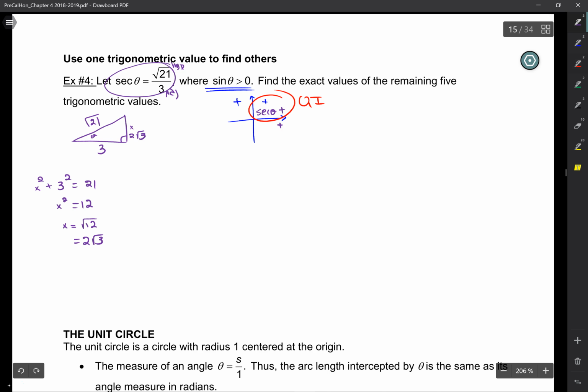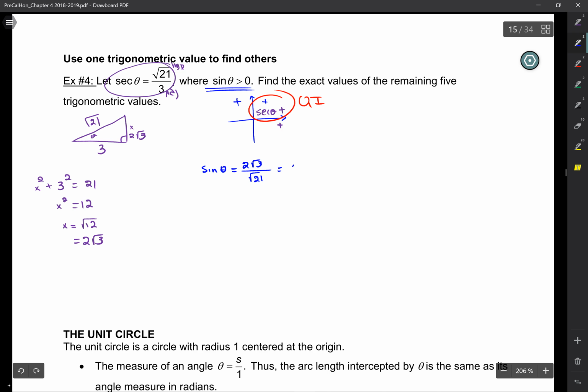Okay, now, once I have all three of these, can I find the other trig functions? Yes. So, sine of theta is 2 root 3 over root 21. Now I know I said we don't have to rationalize denominators, but you see how in this case you have a root 3 and a root 21, and those can cancel.